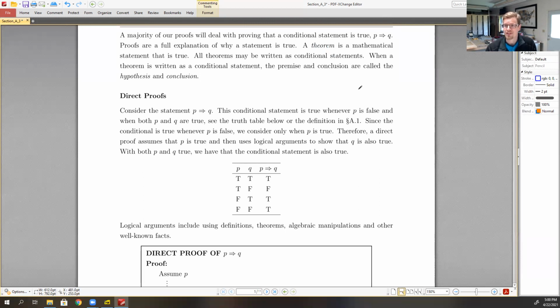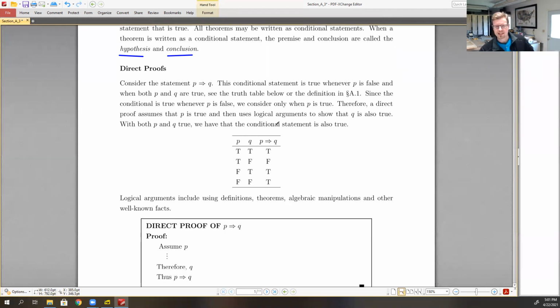In an if-then statement, within the context of a theorem, the if portion is called the hypothesis and the then portion is called the conclusion. Whereas previously, the if portion was called the premise and the then portion was called the conclusion. So just a few details that may come up as you're reading the text.